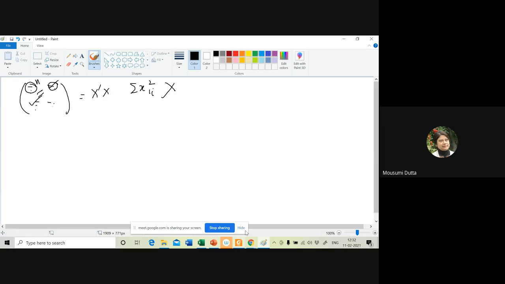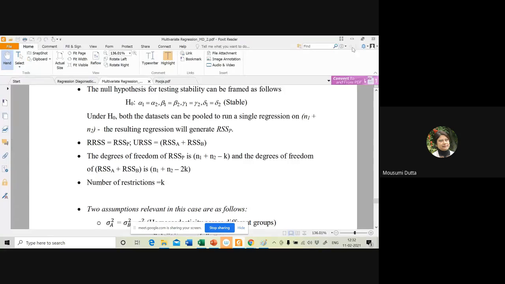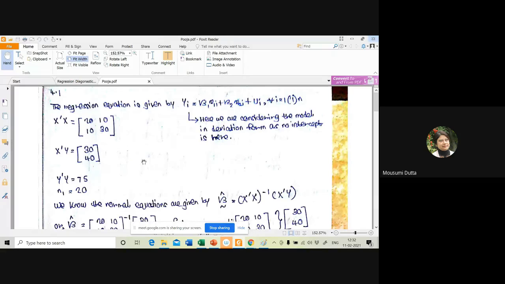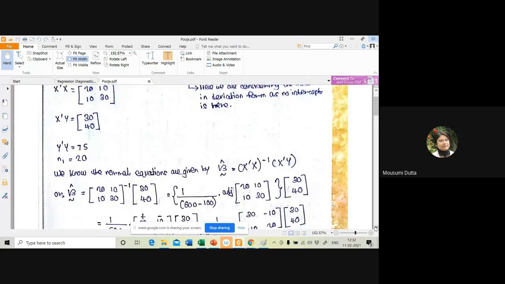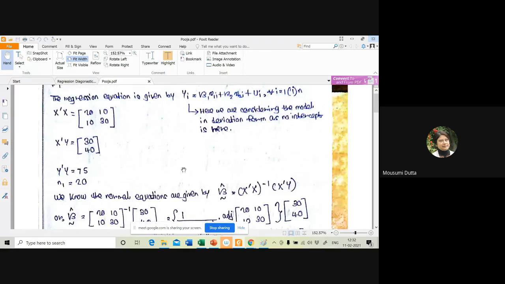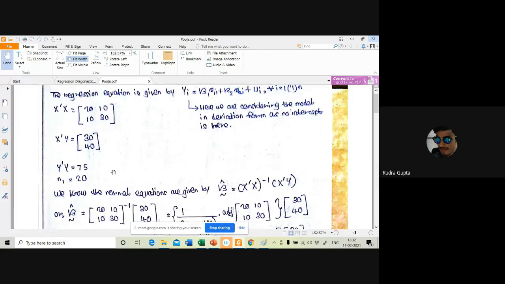I'm just showing you the information. And beta hat is coming to 1 and 1.